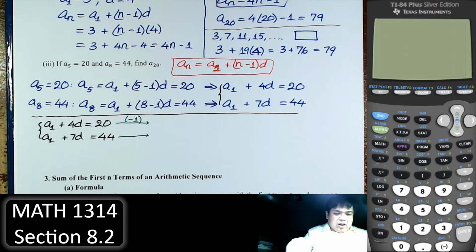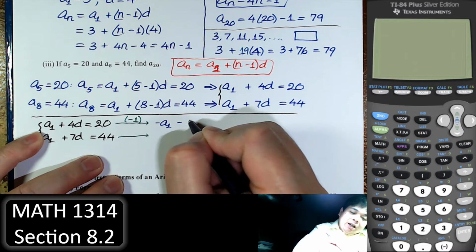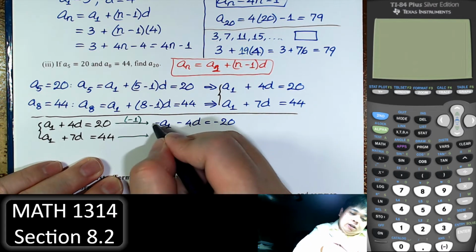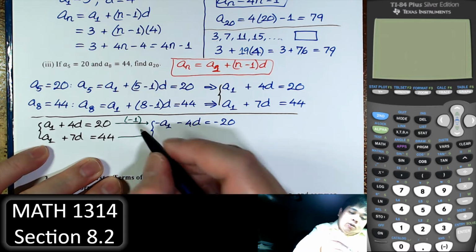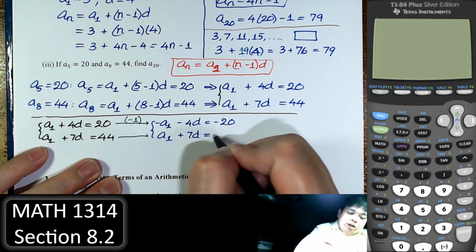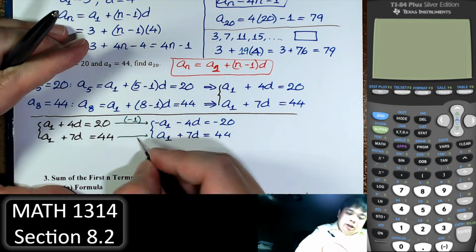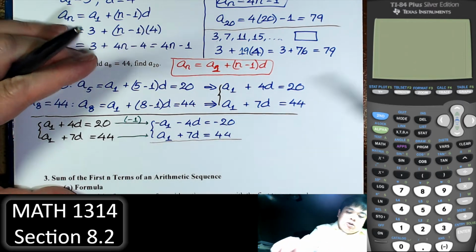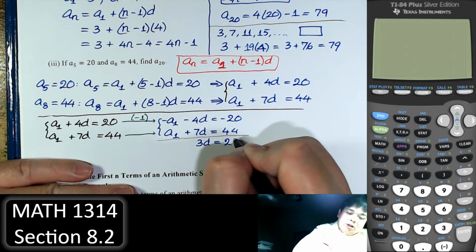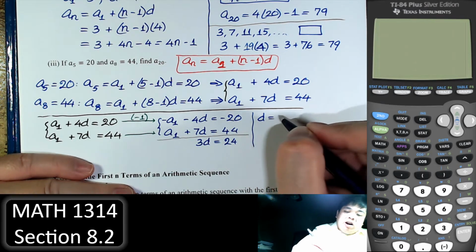So why do we do that? To do that we have negative a1, negative 4d, and negative 20, and a1 plus 7d equal to 44. Now add side by side, this cancels out. We have 3d equal to 24. So d equal to 24 divided by 3.